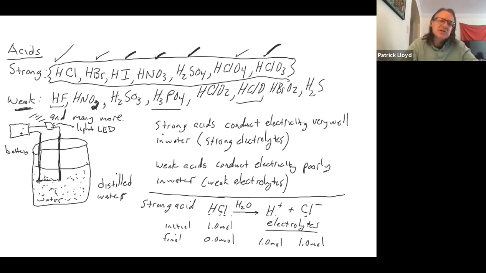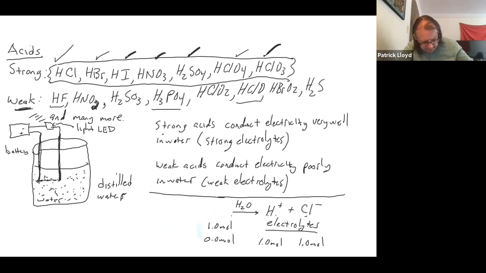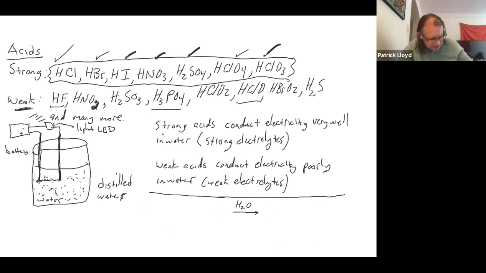Strong acids, it turns out, dissolve so well and ionize so well that they will conduct electricity very well. So we call them strong acids. On the other hand, if we were to replace HCl with a weak acid, and just to use a simple acid on this list, I'll use HF.